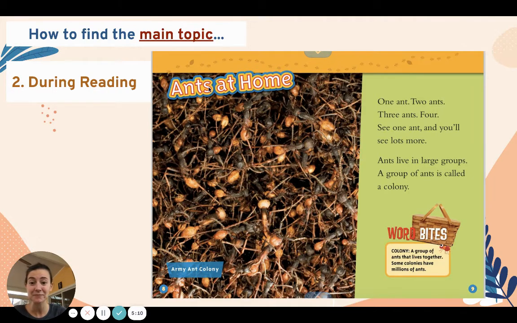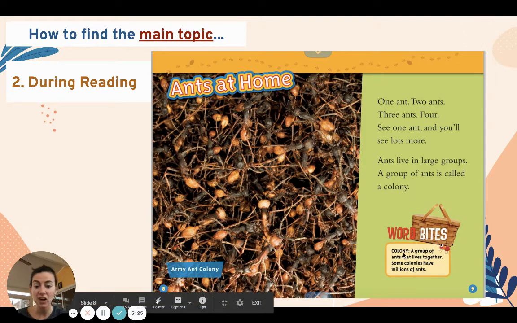Let's keep reading. Ants at home. 1 ant, 2 ants, 3 ants, 4. See one ant and you'll see lots more. Ants live in large groups. A group of ants is called a colony. Word bites. Colony. A group of ants that lives together. Some colonies have millions of ants. Wow, army ant colony.